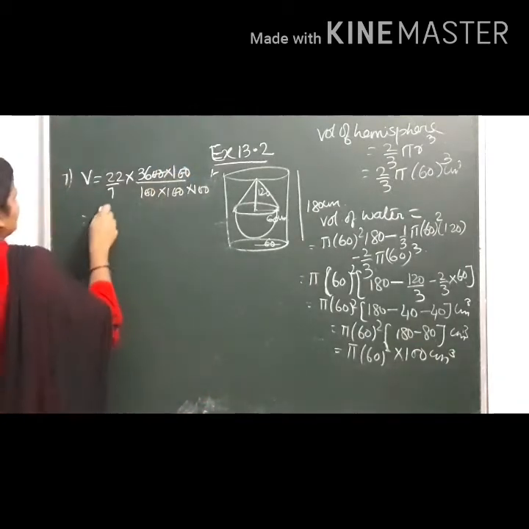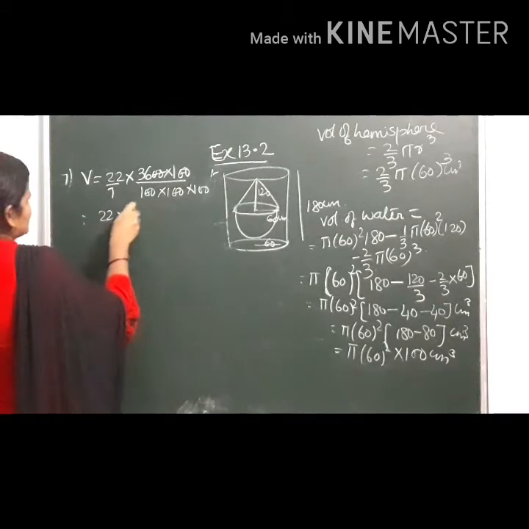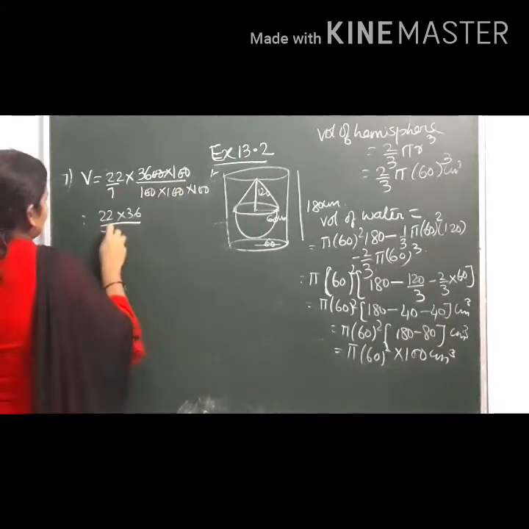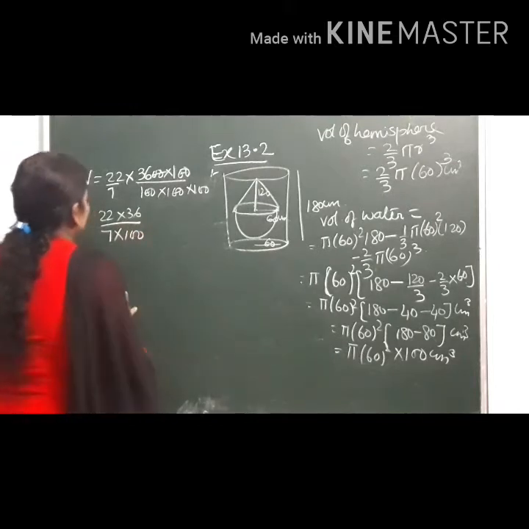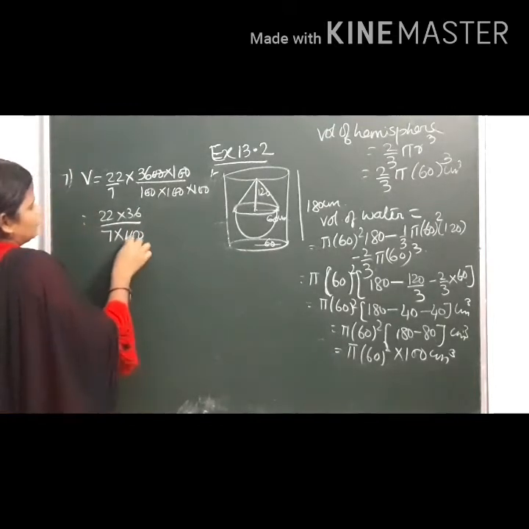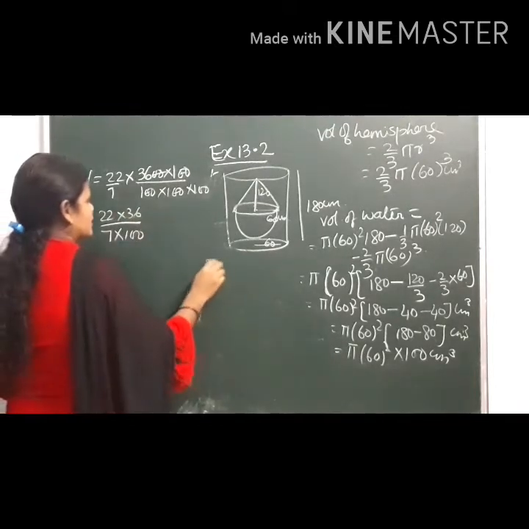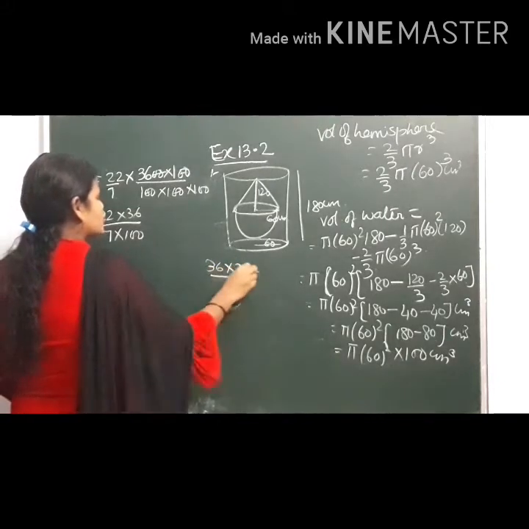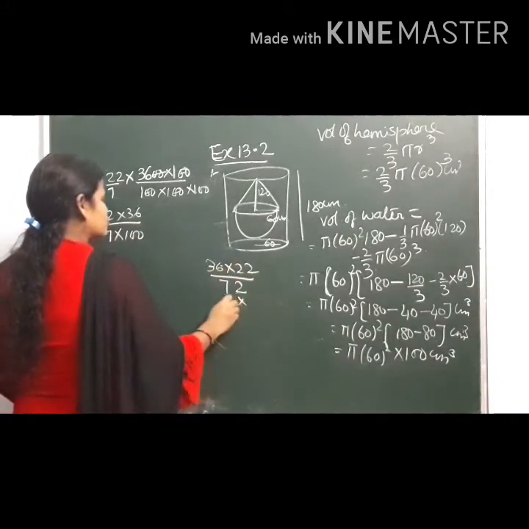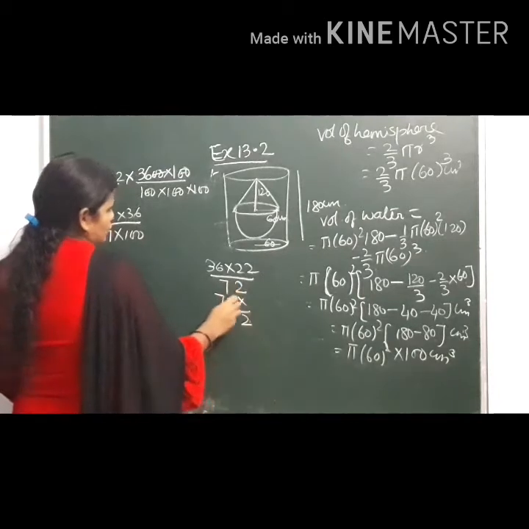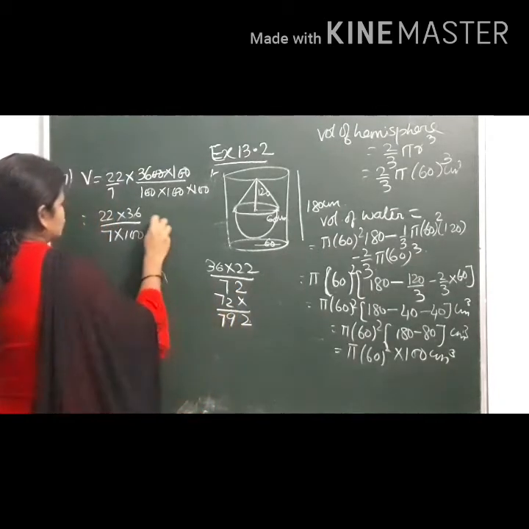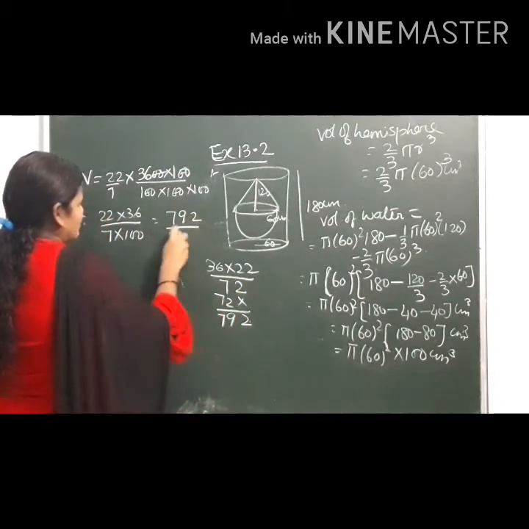What is left over there? 22 into 36 by 7 into 100. Okay. So next, 700, multiply 36 into 22.